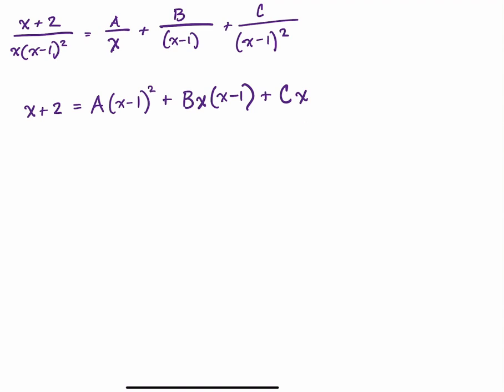So I can say when x equals 0, on the left side we'll have 0 plus 2, so just 2, will equal a times 0 minus 1 squared plus b times 0 minus 1, that term will just become 0, plus c times 0. And then negative 1 squared is positive 1. So this tells us that a is equal to 2.